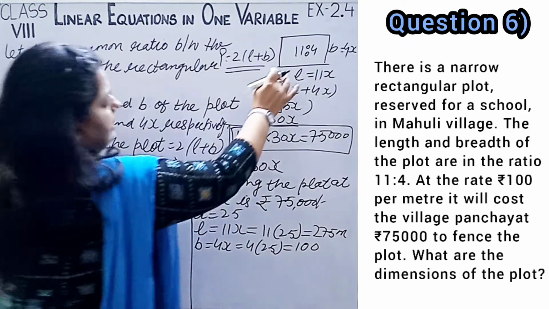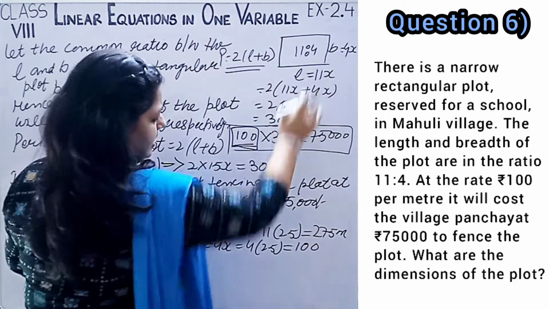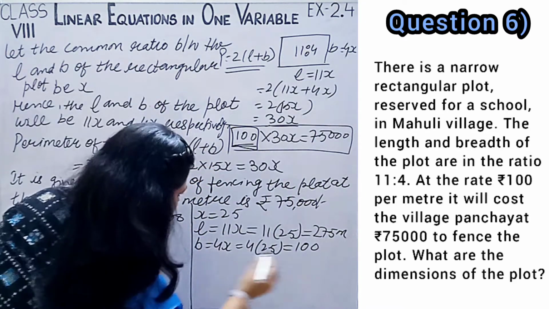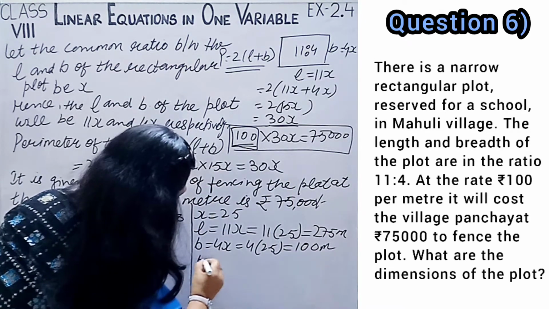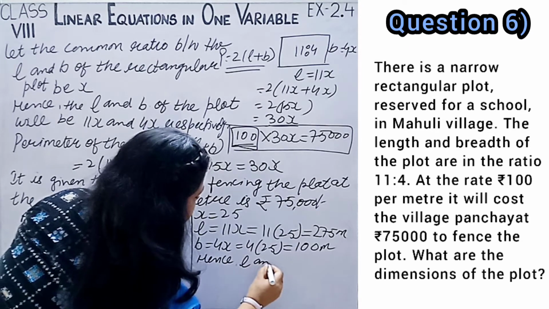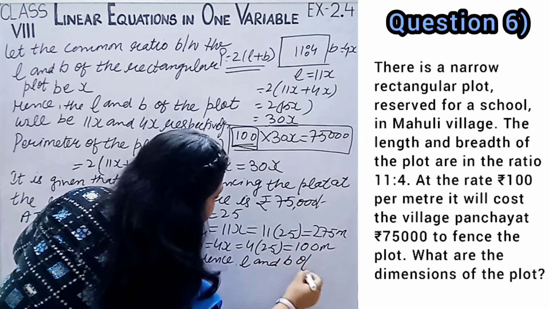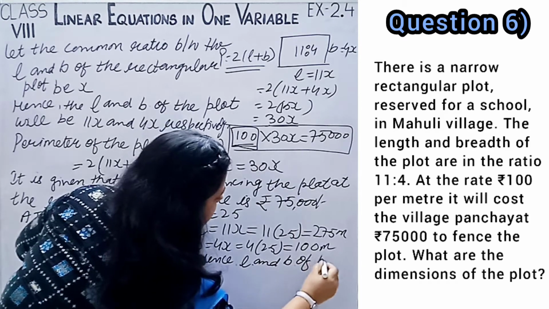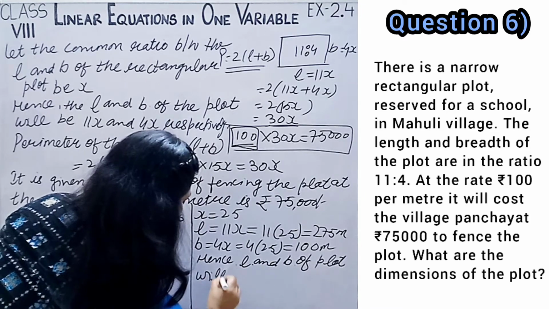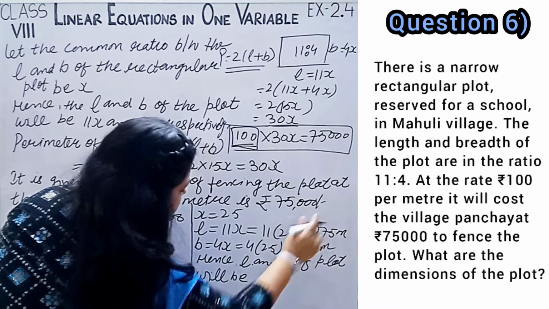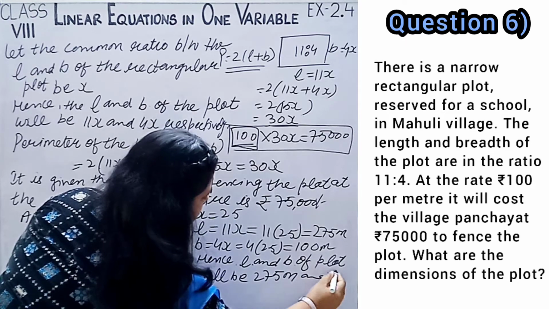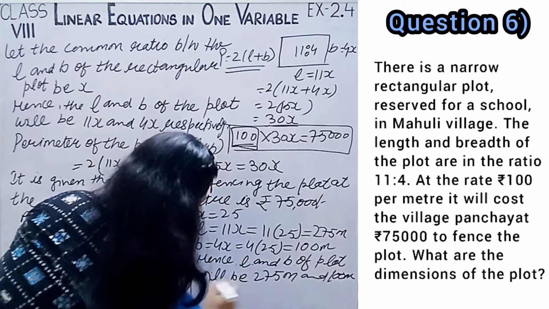So length is 275 and breadth is 100 meter. Hence, the length and breadth of the plot will be 275 meter and 100 meter respectively.